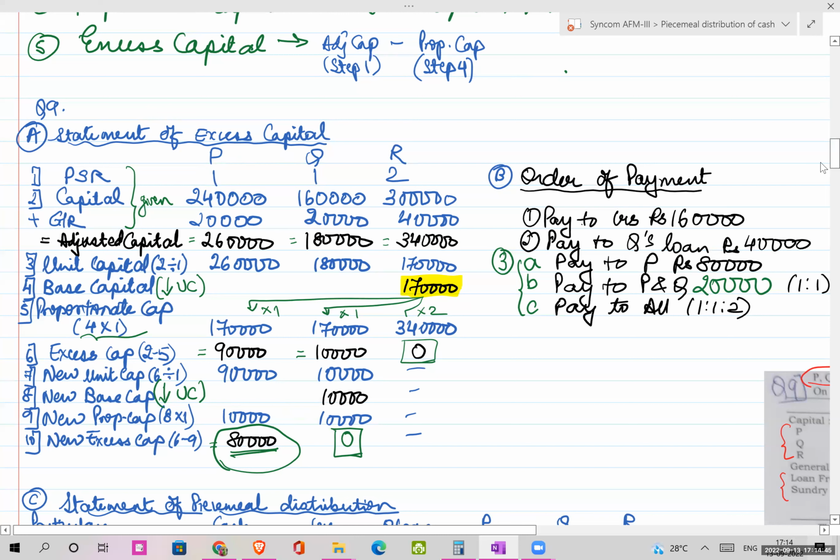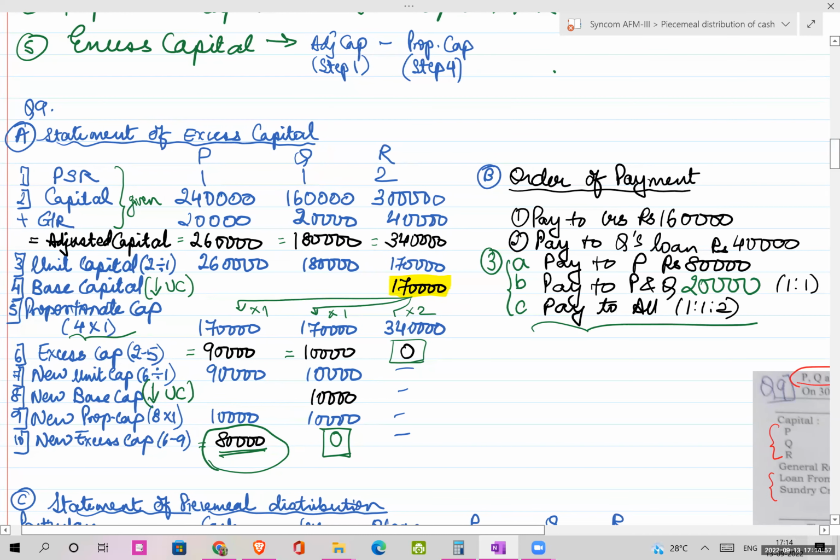Okay. And last में बच गया तो pay to all. Pay to all the partners in which ratio in their PSR 1:1:2. Okay. So this is the way you can write. First pay to creditors, then pay the internal loan, that is the partner's loan, then pay to P, नीचे से ऊपर जाओ, pay to P 80, pay to P and Q 10 plus 10 20 and pay all.